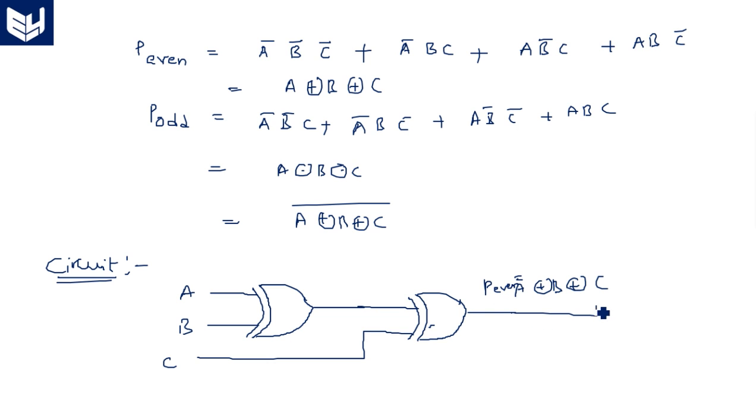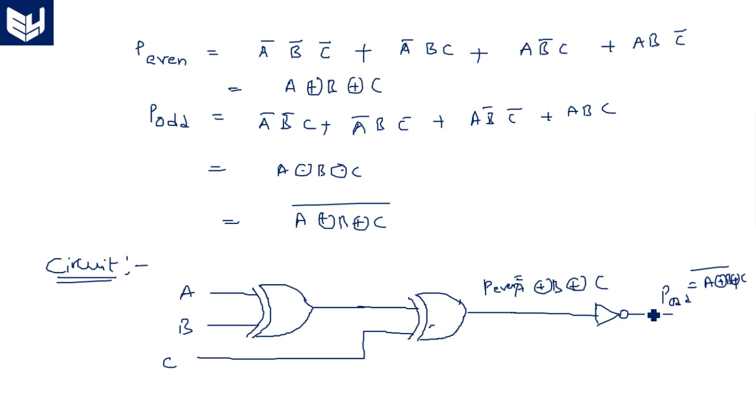For odd parity, simply the complement of this gives odd parity. So P odd is equal to A XOR B XOR C whole bar.